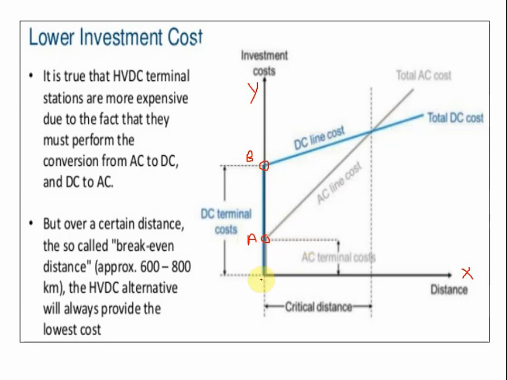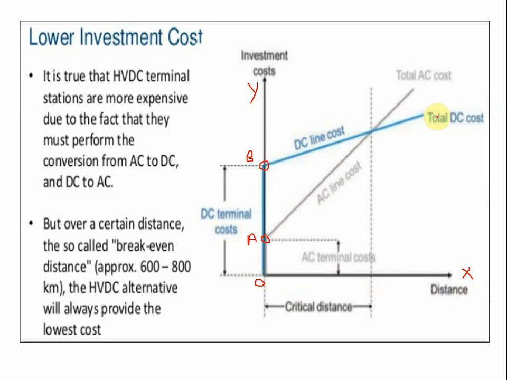Now as the distance increases, suppose it starts from 0 and goes from 0 to x on the x-axis. As the distance goes on, the cost of the DC line is going to decrease.